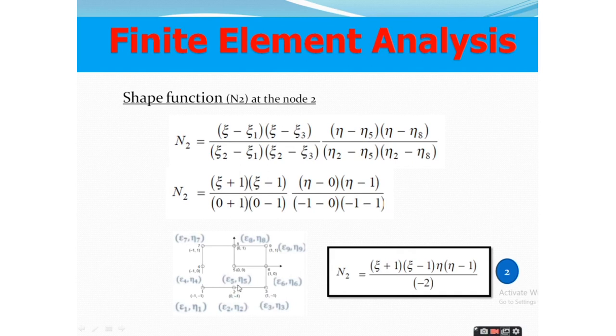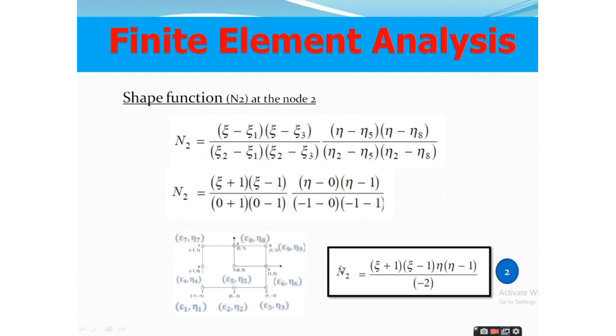Let's see the psi direction: psi minus psi5 and psi minus psi8. That's represented here. Similarly, you have to write the denominators: in the eta direction, eta2 minus eta1 and eta2 minus eta3, and psi2 minus psi5 and psi2 minus psi8.